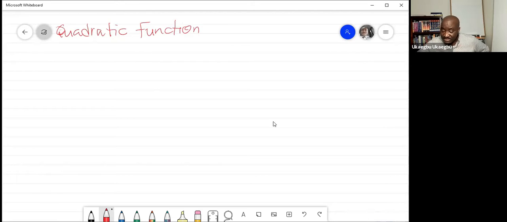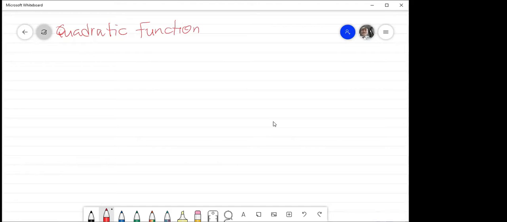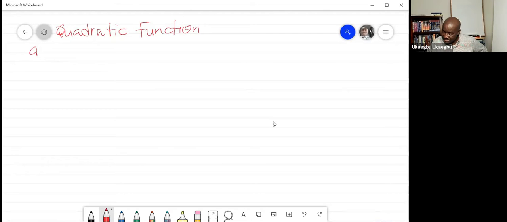So who remembers that relationship that describes the quadratic function? Who remembers that formula? Ax squared plus bx plus c. Okay, thank you. So he said ax squared plus bx plus c, and that's an expression.